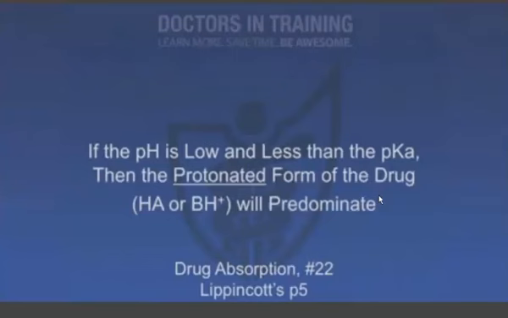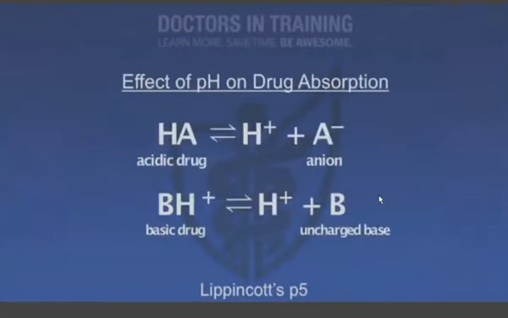So again, if the pH of the drug's environment is lower than the pKa for that drug, then the protonated form of the drug will predominate. So if you look at that acid slide, the protonated form of an acidic drug is the acid, the HA.